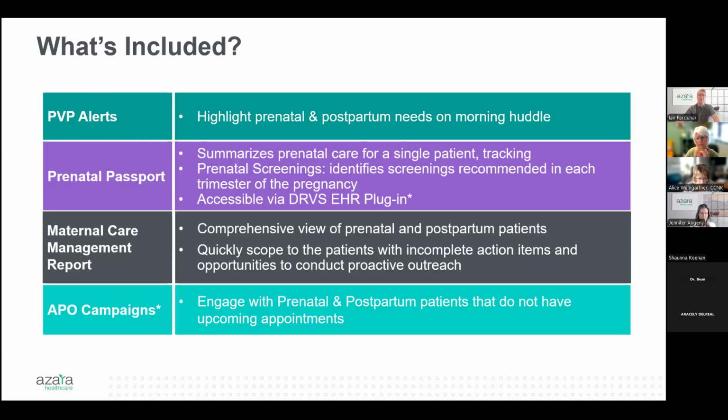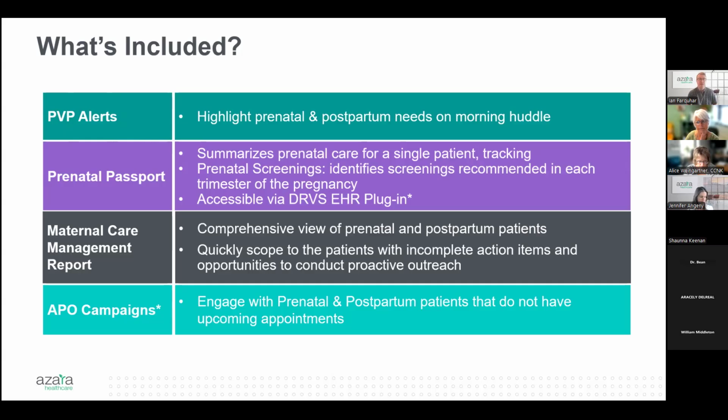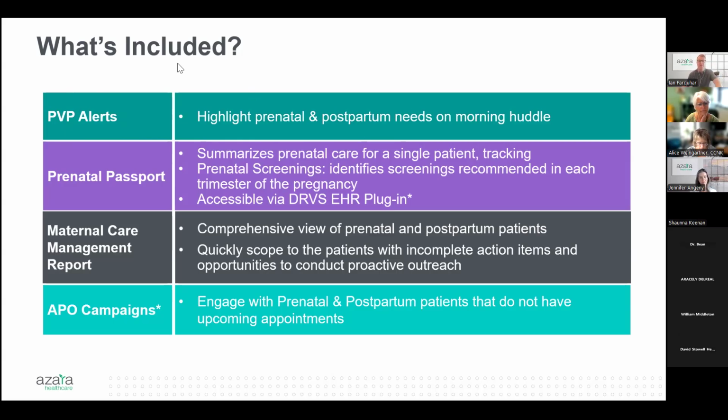So for any of those teams who are leveraging that today with either NextGen or Athena or ECW or Epic type of EHRs, we have that plugin that allows you to pull up any of those alerts while you're actually in the chart. And those same level of prenatal and postpartum alerts that can be enabled through this module can also populate there on that actual EHR plugin view.